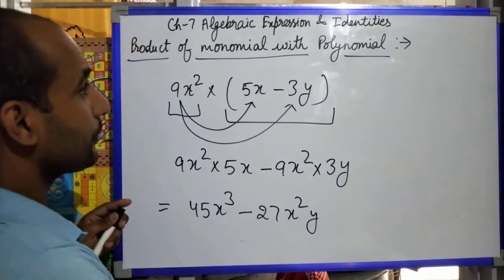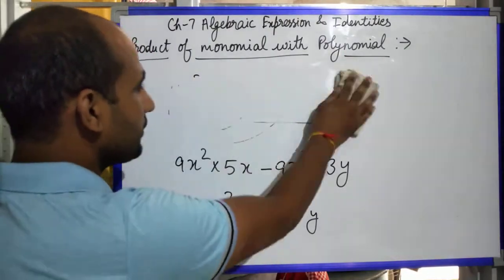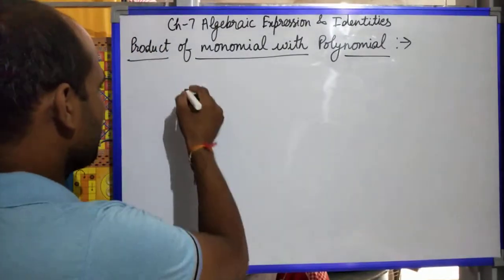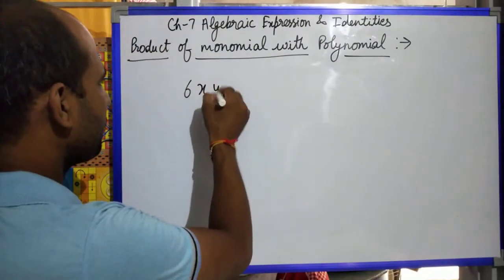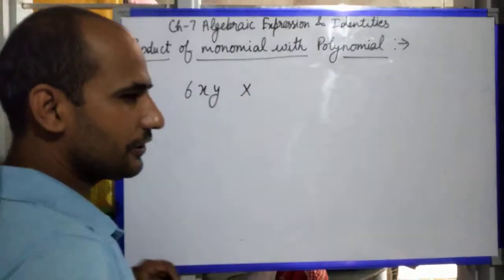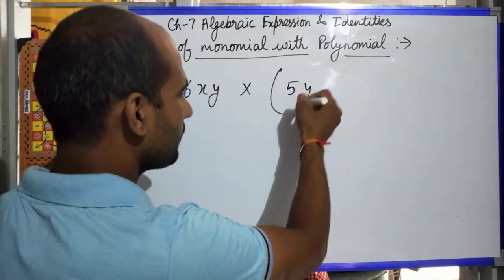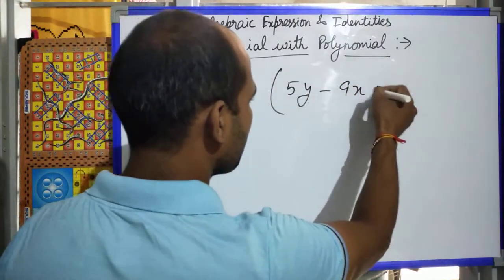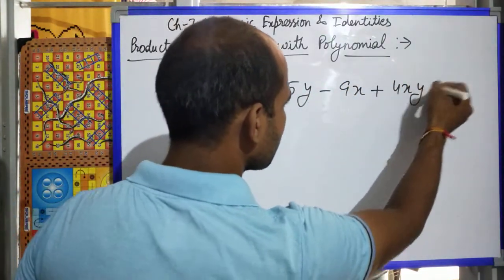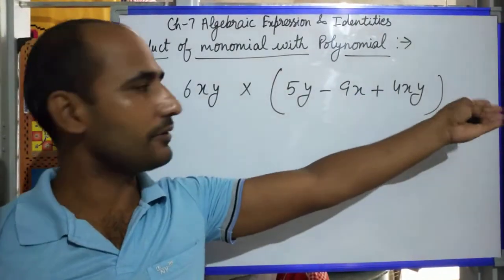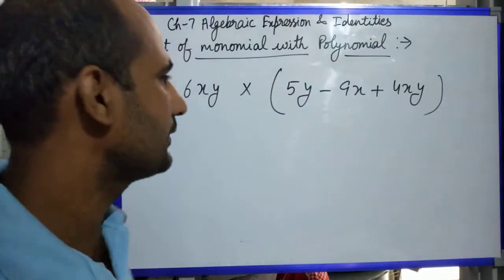Now we are taking any polynomial, meaning there should be more than two terms, like 6xy multiplied with 5y minus 9x plus 4xy. It is a trinomial. We can even take a few more terms here.